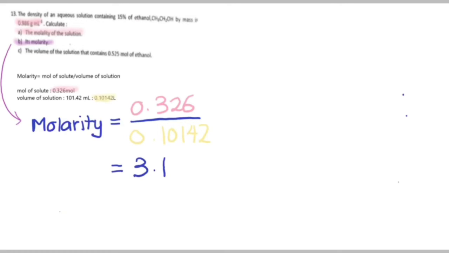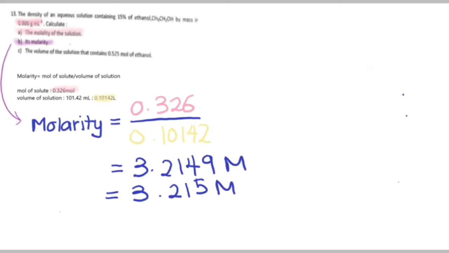From question A just now, you already know the mole of the solute is 0.326 mole, while the volume of the solution, also already found in question A, is 101.42 milliliters. We just need to change the unit into liters, so also divide by 1000.